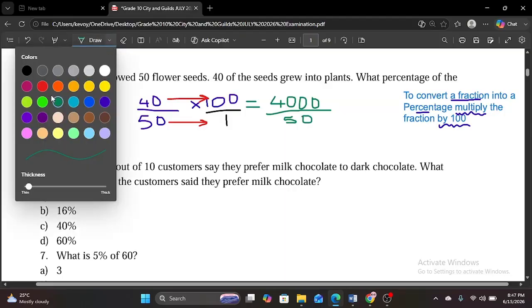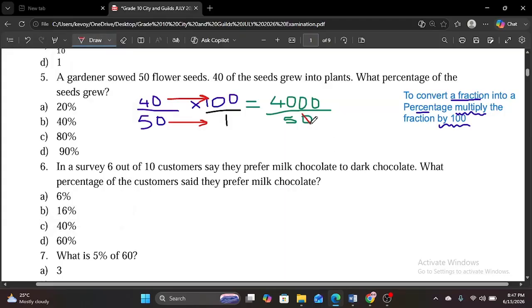First thing that we're going to do is just to eliminate our common 0. So eliminate 1 from the bottom and 1 from the top. So now we're left with 400 divided by 5, sorry. So 400 divided by 5, let me just write it right here.